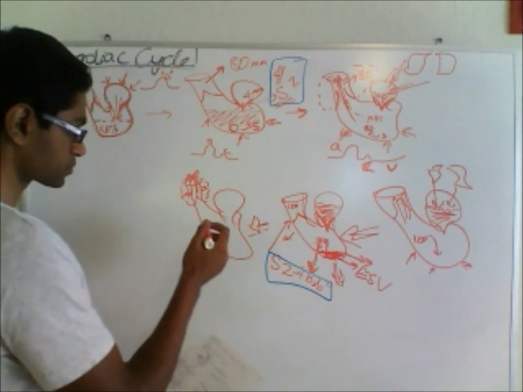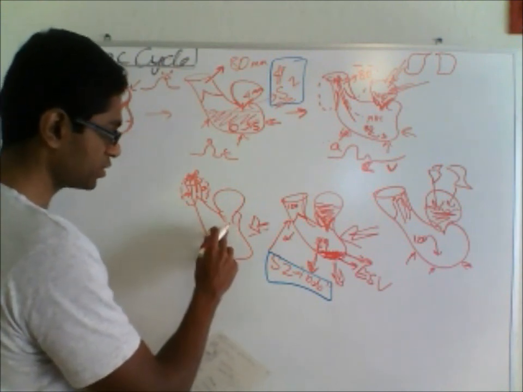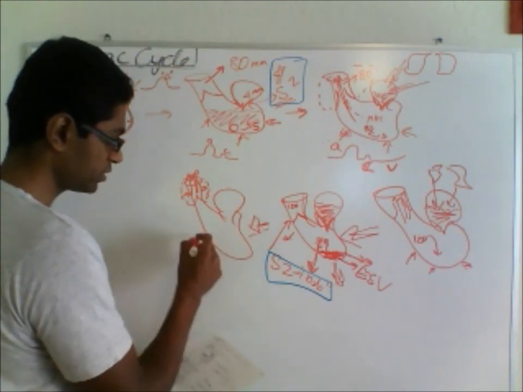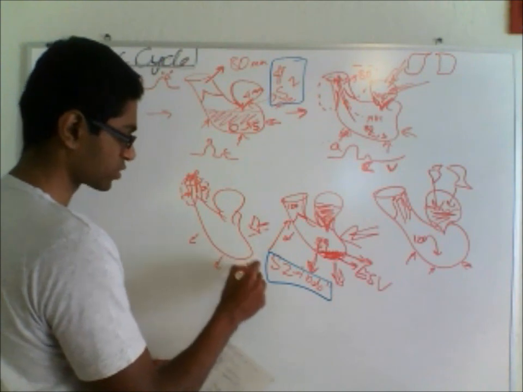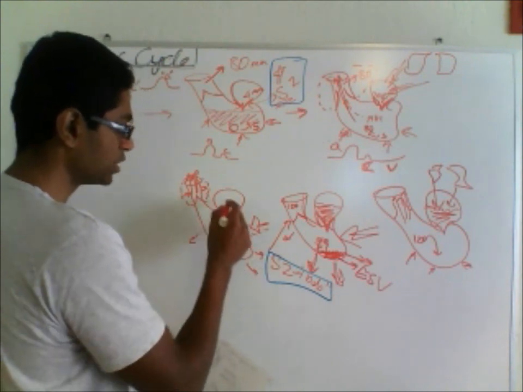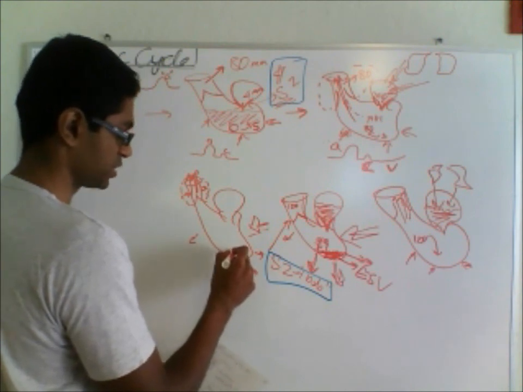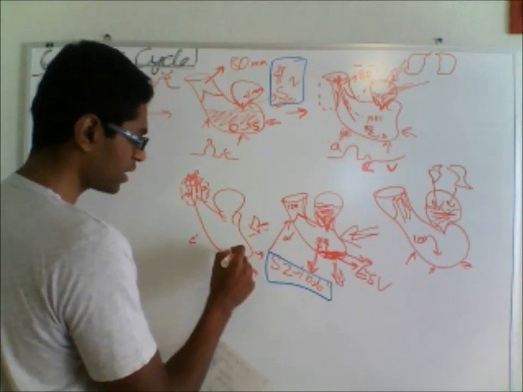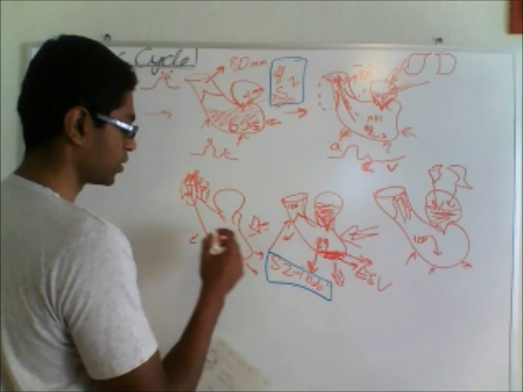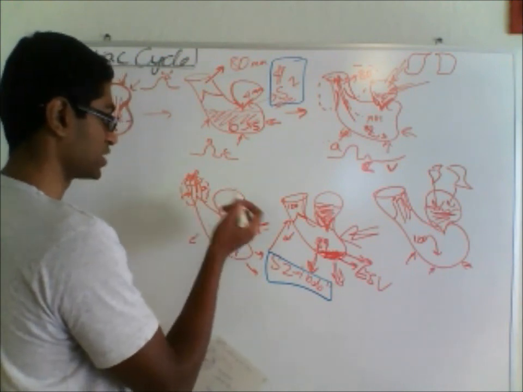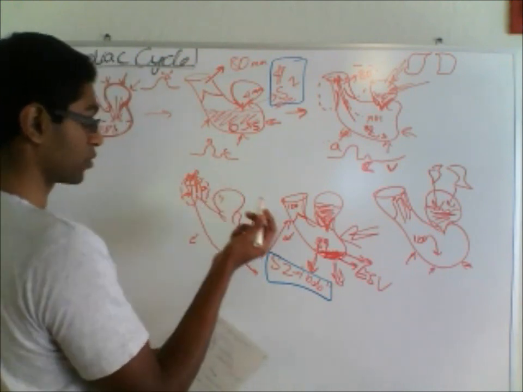And so at a certain point, when the ventricular pressure, as this undergoes relaxation, goes below the atrial pressure. So let's say the ventricular pressure reaches around, I don't know, 1 or 0, okay, and the atrial pressure is higher than that. It goes to, let's say, 4 or 5.